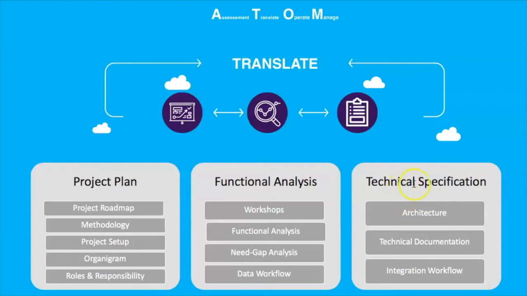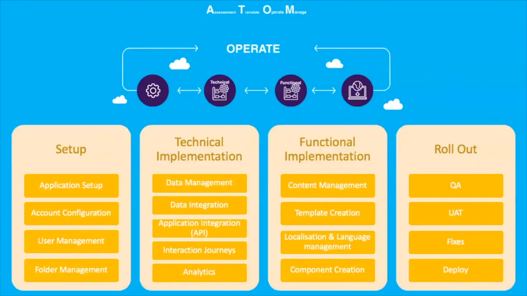Therefore, a technical specification of data flow is defined, which is based on the architecture. This technical documentation is then approved by the technical team. Then the integration workflow is clearly defined: what the data model is going to be and how the data from the different platforms is going to flow into Marketing Cloud for campaign execution.